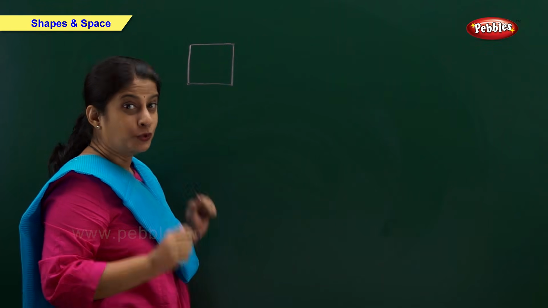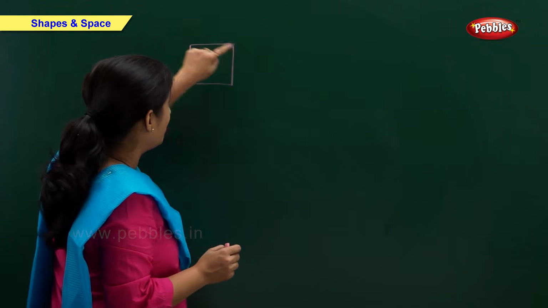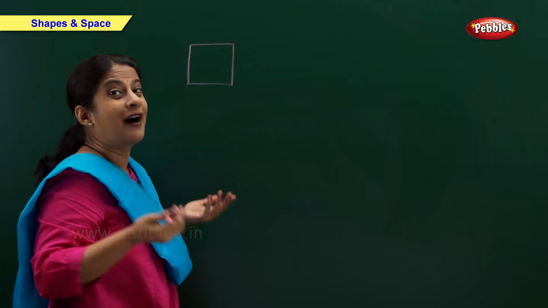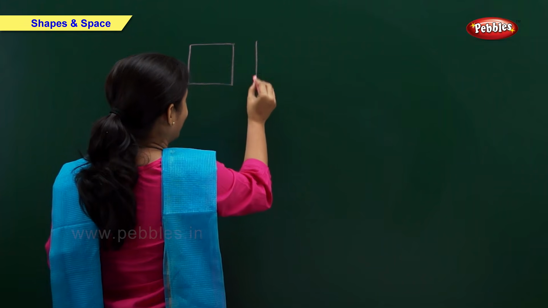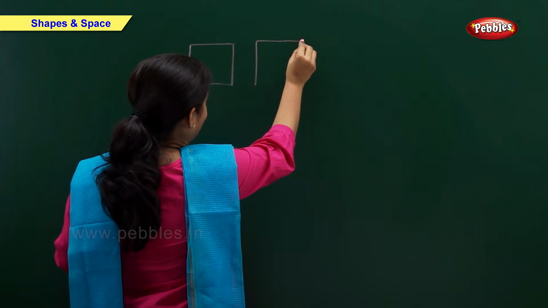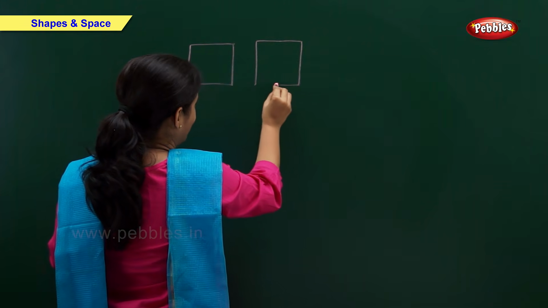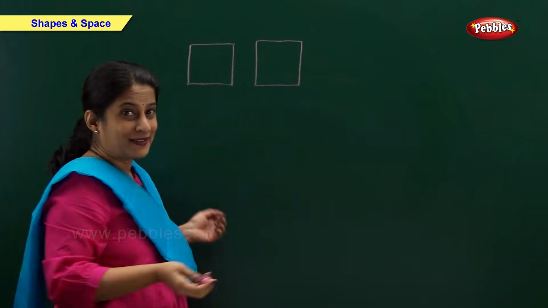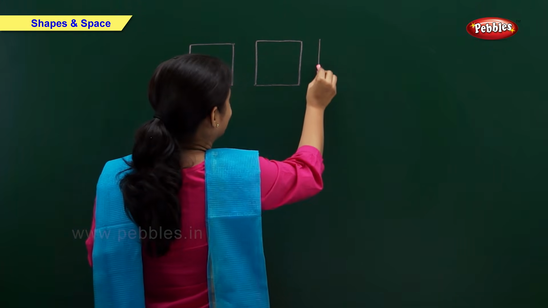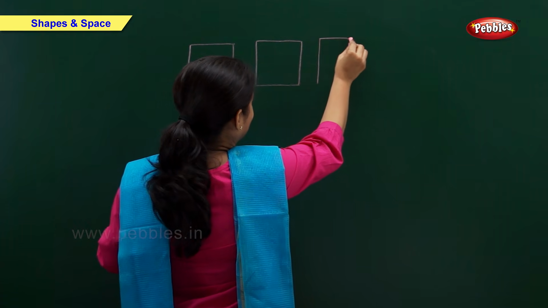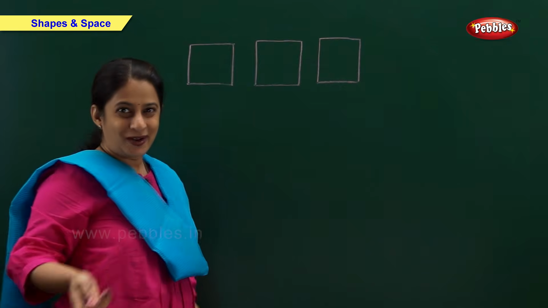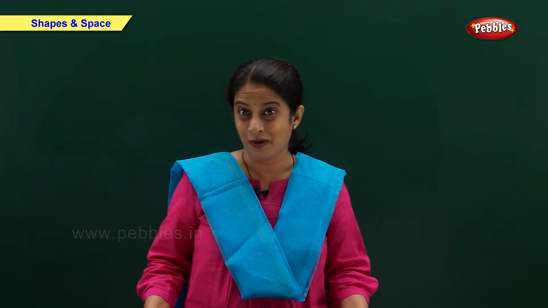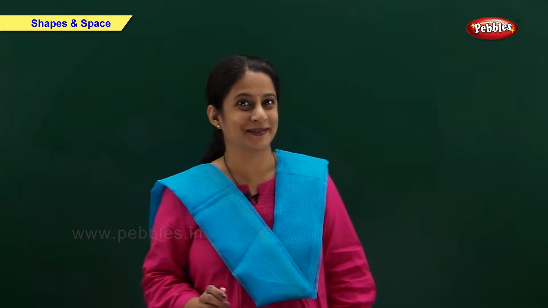Square. You know friends, all the 4 sides of the square are equal. Square. Now let's draw a rectangle.